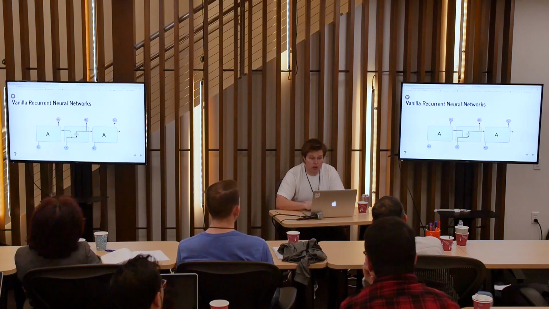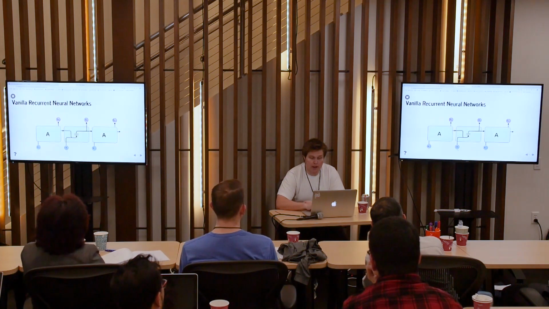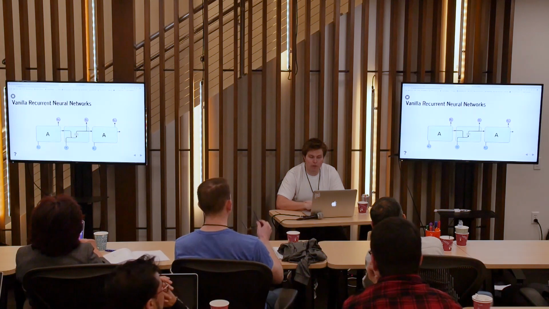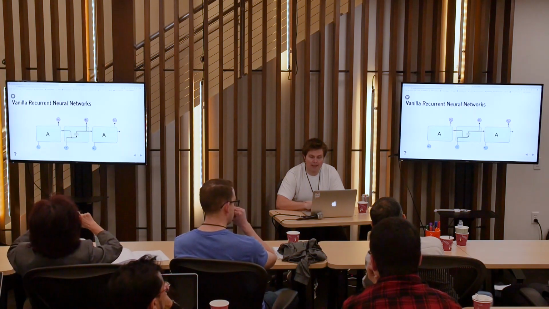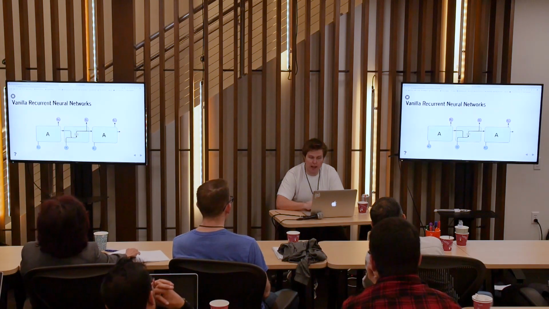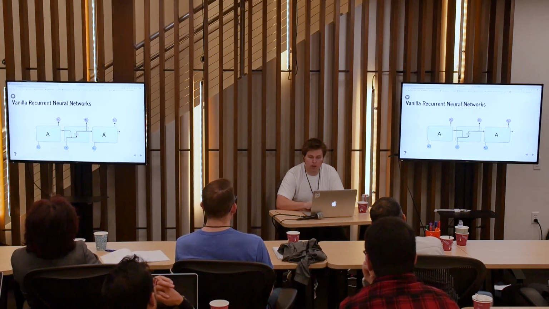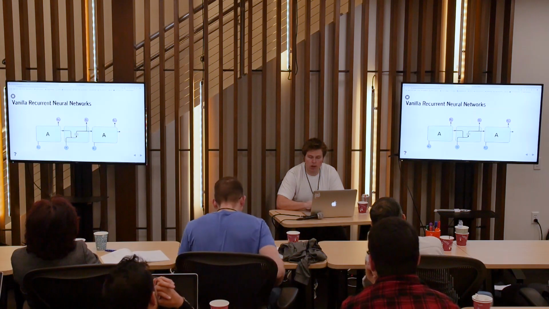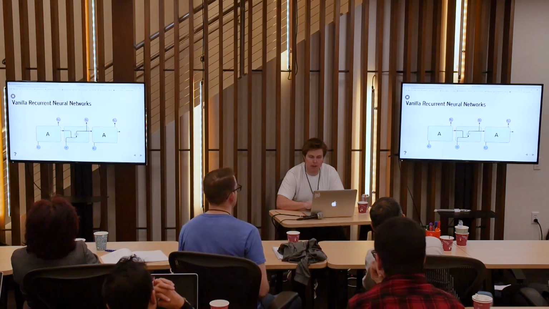So a vanilla recurrent neural network just takes your input and the hidden state from the previous time step, combines them, runs a tanh activation function traditionally on it, and then outputs your output to the next time step as well.